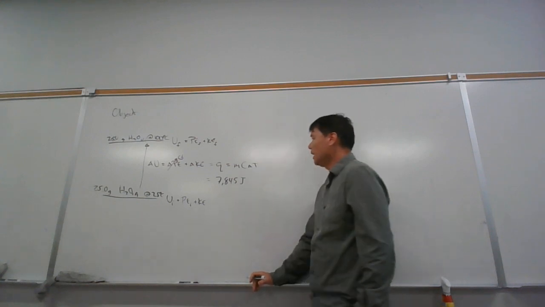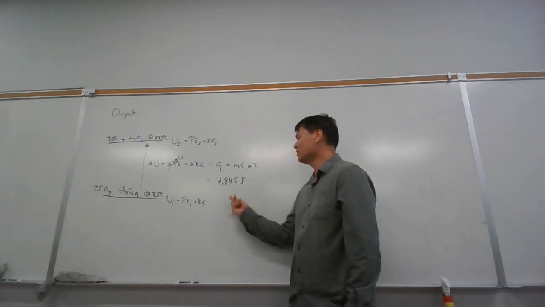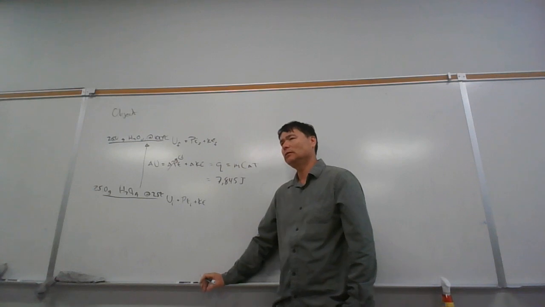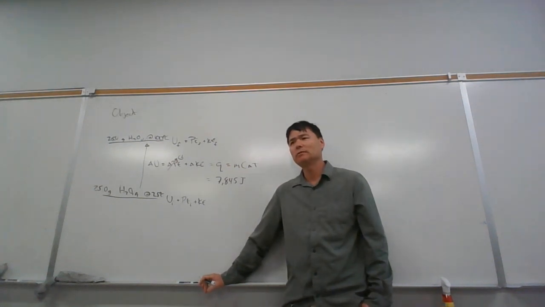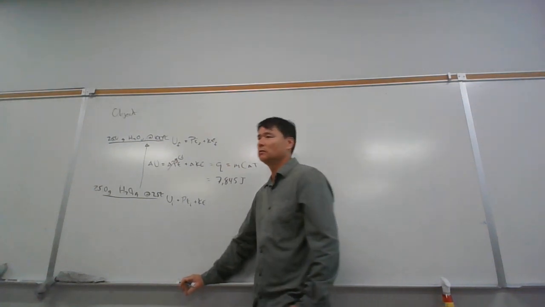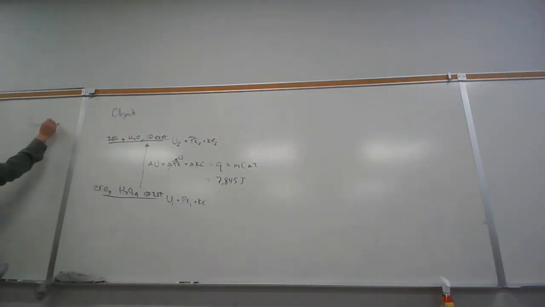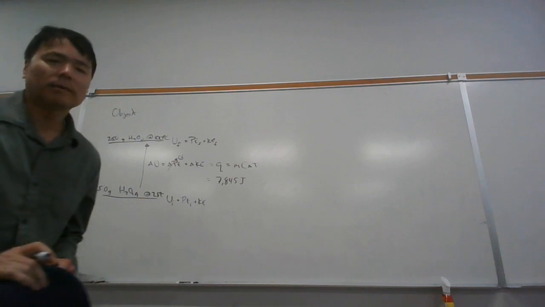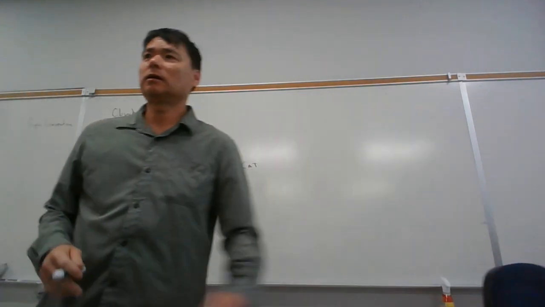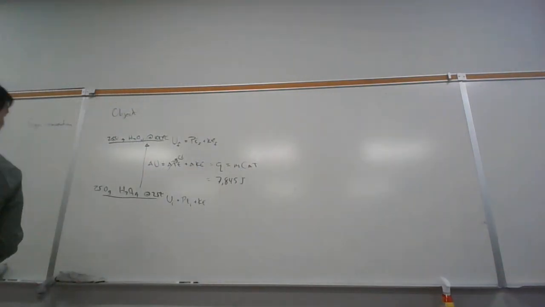All right, now, there's a sign convention. Did I already write that down? The sign convention, well, I have to talk about this because sometimes we have to remove heat.